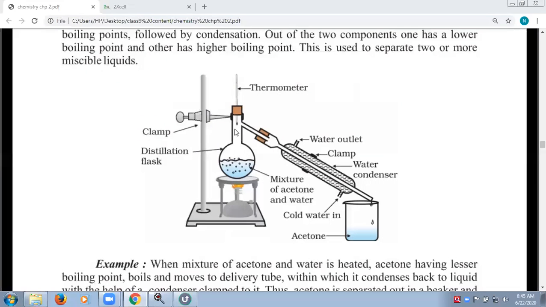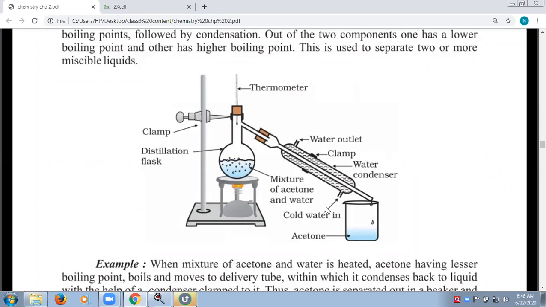The vapors of acetone pass through this condenser tube, as the arrow mark shows. Around the tube, the condenser cools down the vapors, they get converted into liquid, and acetone liquid is collected in this receiver.